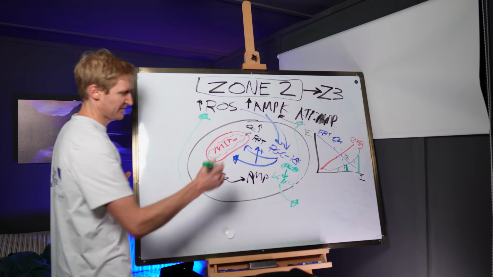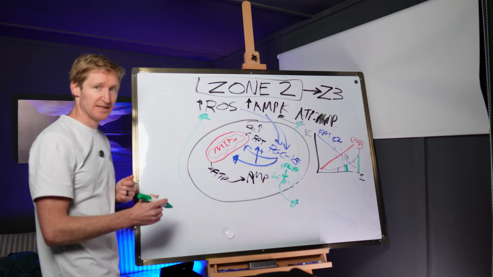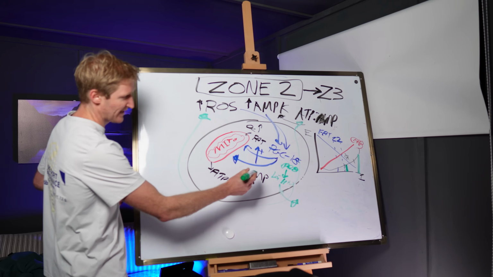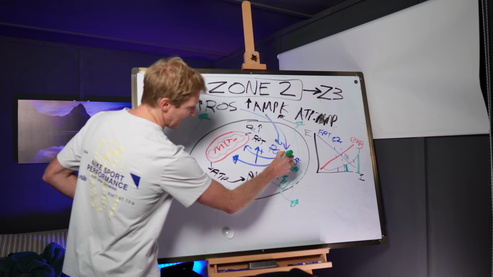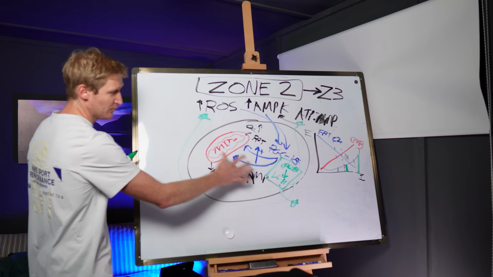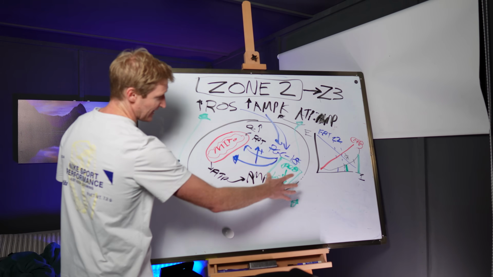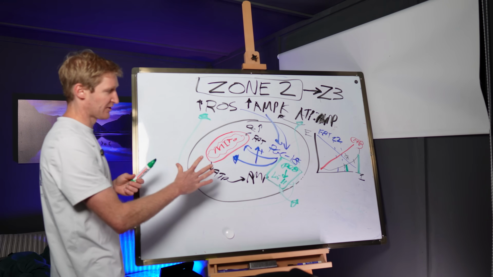Now that by itself is a positive stimulus overall for the muscle, but chronically it starts to pull away a different kind of adaptation, because we can do this metabolic process without oxygen, without the need for mitochondria.